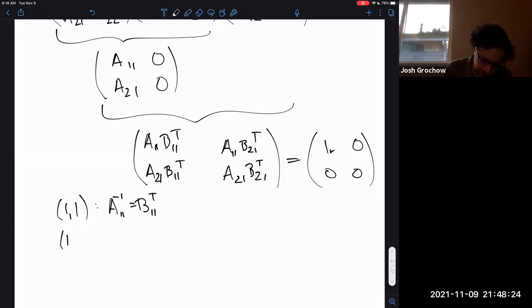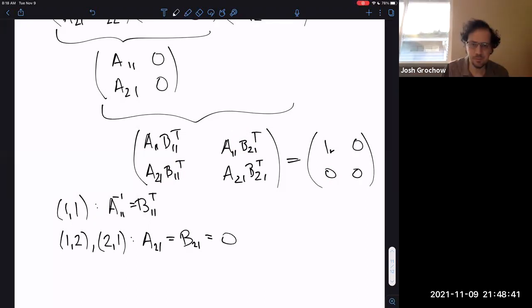If I look at the off diagonal entries, the fact that A11 and B11 are invertible, but these things are 0, tells me that A21 and B21 are both 0. And then that's enough to force this to be 0.